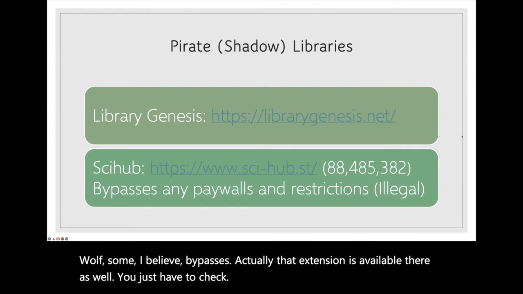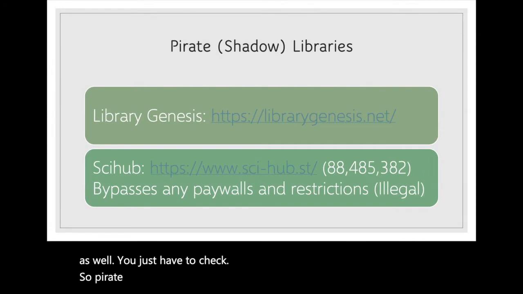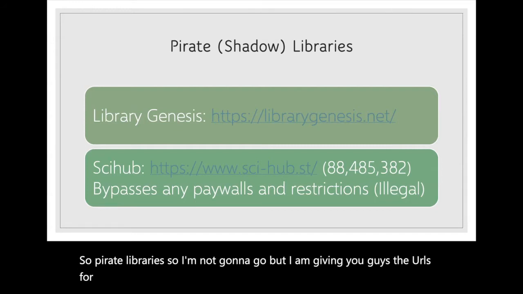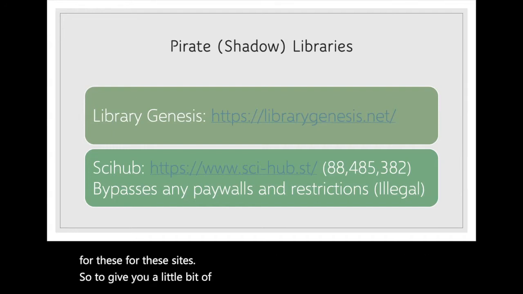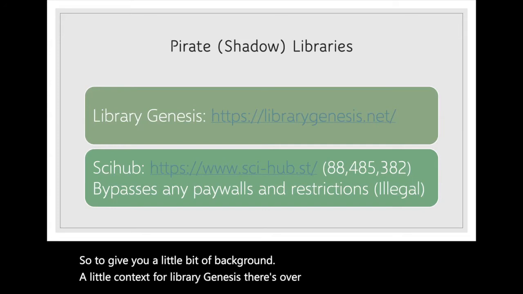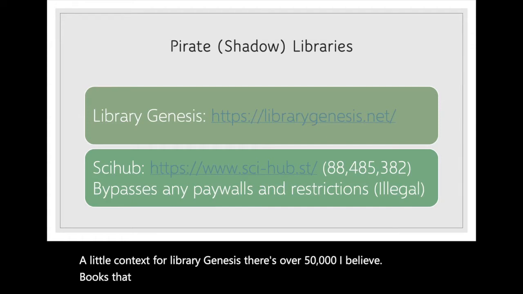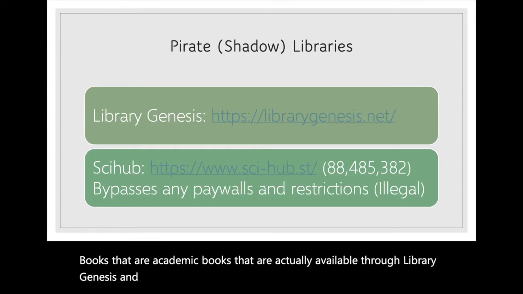So pirate libraries. I'm not going to go into them, but I am giving you the URLs for these sites. To give you a little bit of context for Library Genesis, there's over 50,000, I believe, academic books that are available through Library Genesis, and more academic libraries are being added to this.